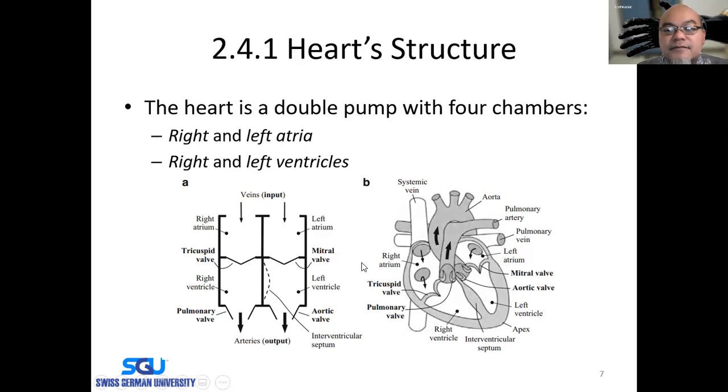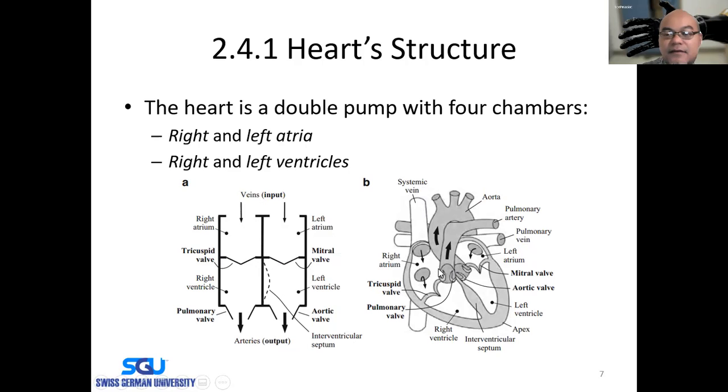So this is the model, and this is the actual illustration of the anatomy of the heart. So this is the systemic vein where the oxygen-poor blood, or carbon dioxide-rich blood, enters the heart from the rest of the body, from the systemic circulation.